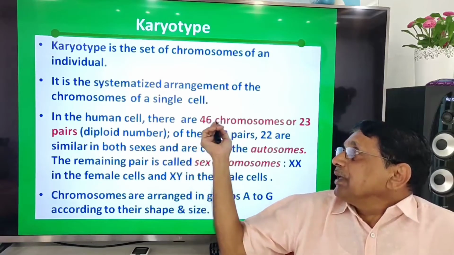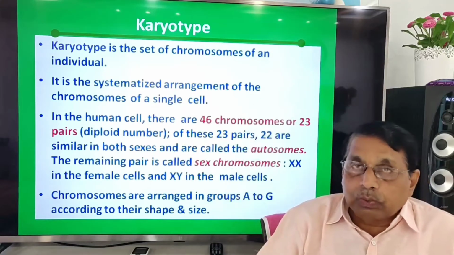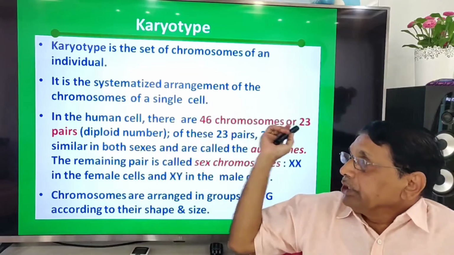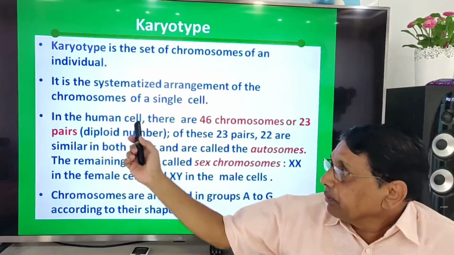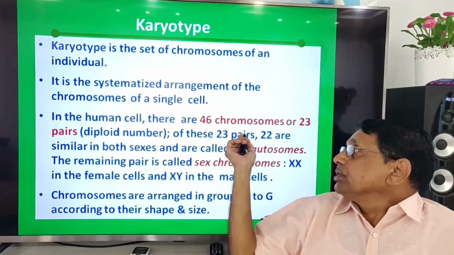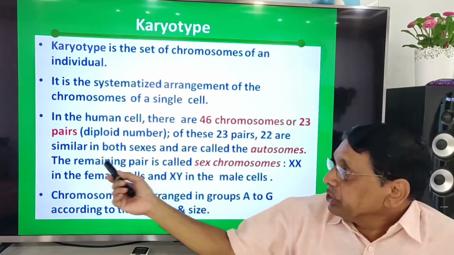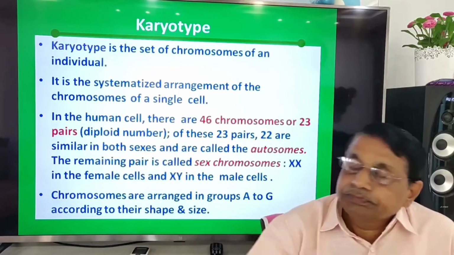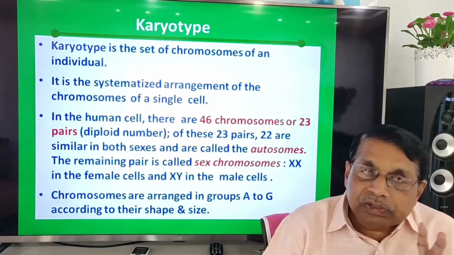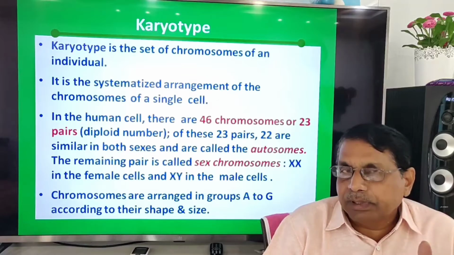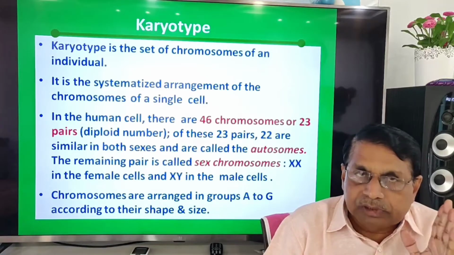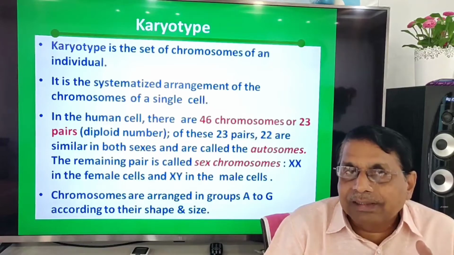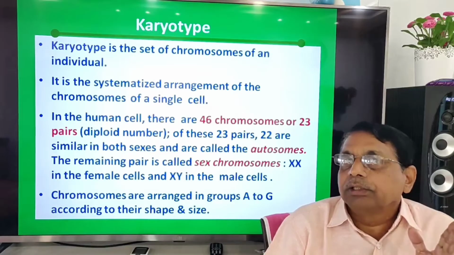In the human cell, there are 46 chromosomes, 23 pairs, the diploid number. Of these 23 pairs, 22 are similar in both sexes, in all respects: length, centromere, length of the arms, and thickness.